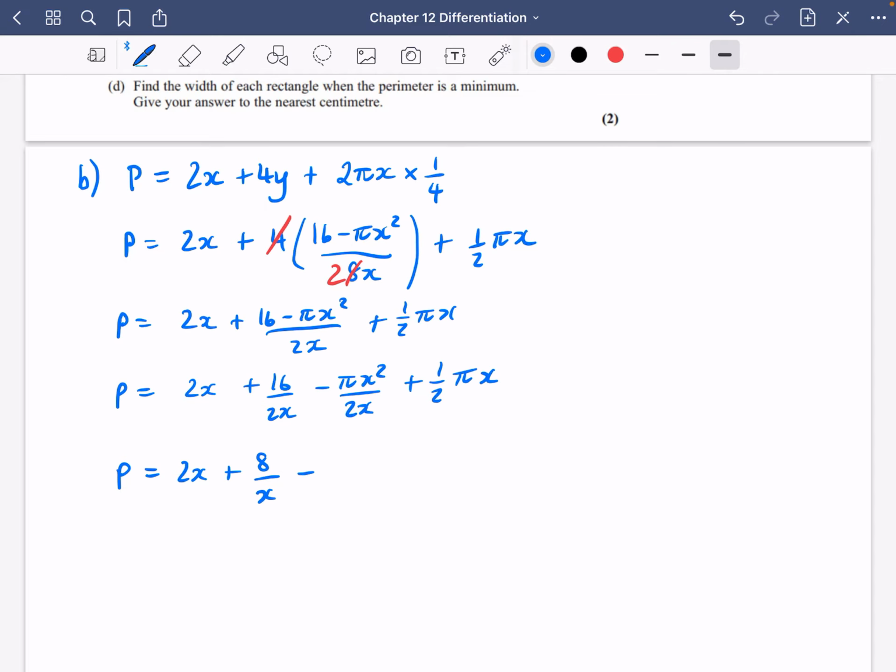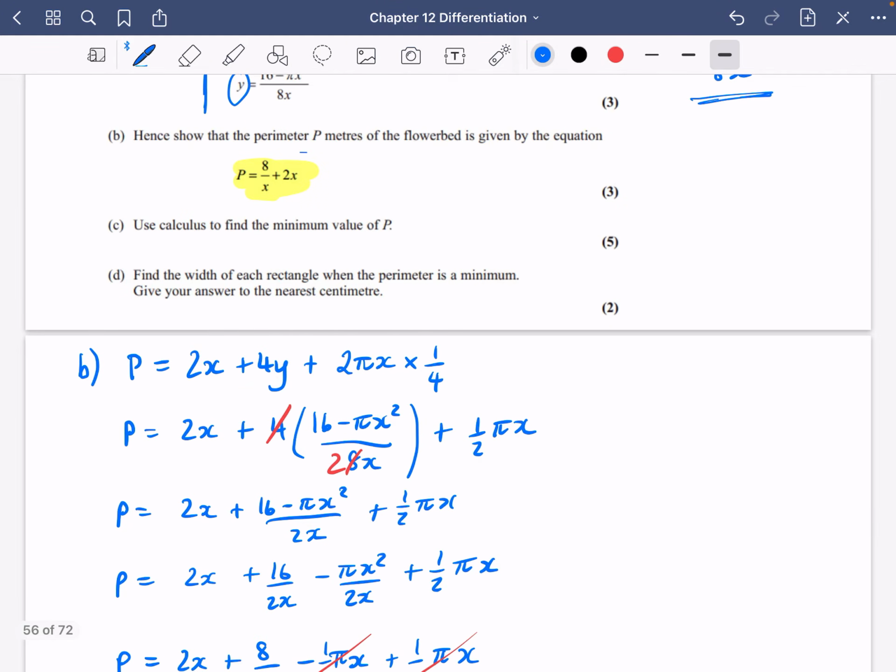And then for this bit, I can divide the x's. So x squared divided by x is just x, and I have pi over 2, which is the same as a half pi. So this is a half pi x plus a half pi x. And hopefully you'll notice that these two here are going to cancel, so that the perimeter is just equal to 2x plus 8 over x, which is what they've got here.